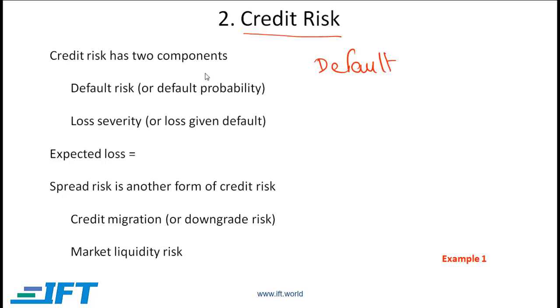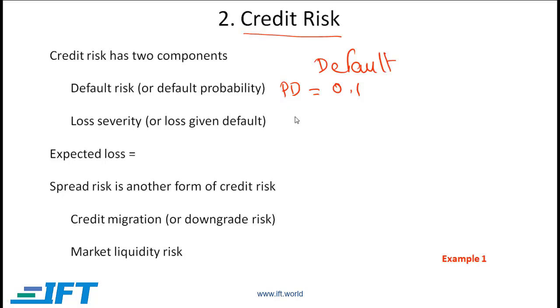Credit risk has 2 components: default risk, which is also called the default probability or probability of default. If this probability is 0.1, this means that there is a 10% chance that the borrower will default. The next important term is loss severity, which means that if the borrower does default, then what is the loss to the investor?